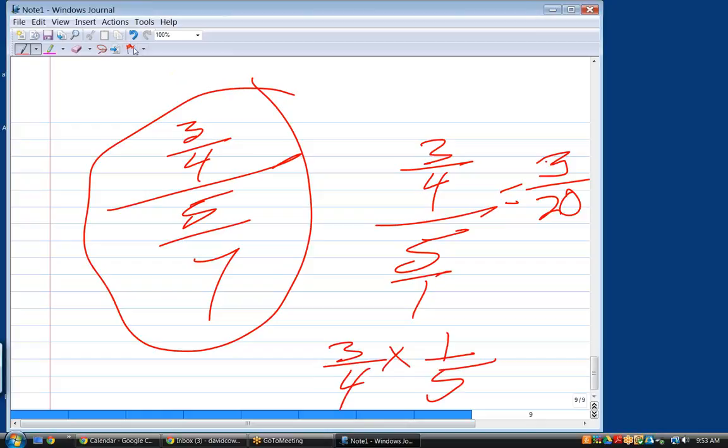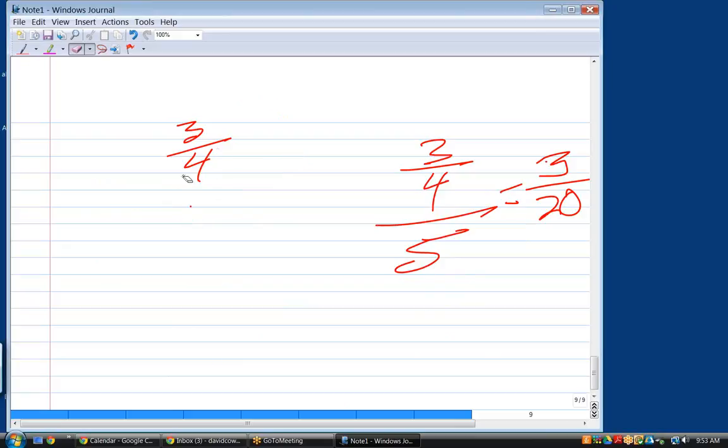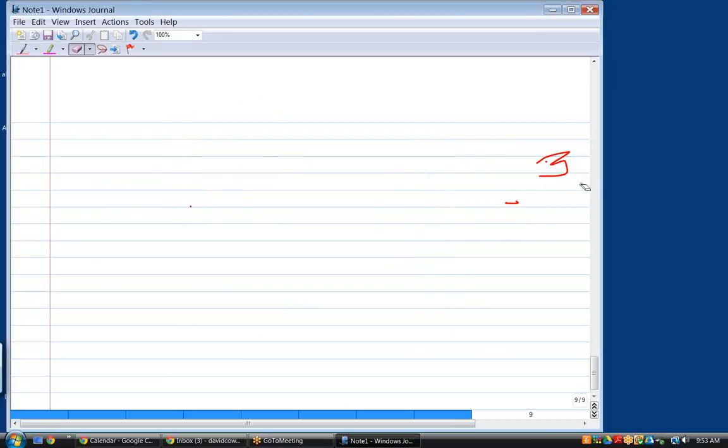So if the 1's not there, just multiply that by that, and you have your answer. No, this is good. I'm glad I backed up, because it's not knowing this kind of stuff that gives people difficulty with algebra. It's not algebra.